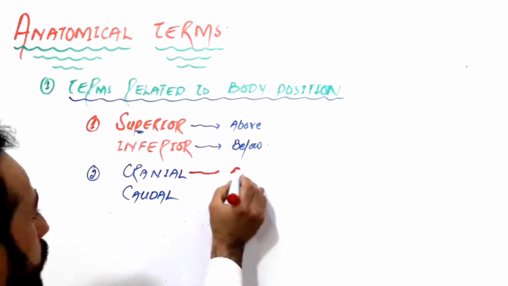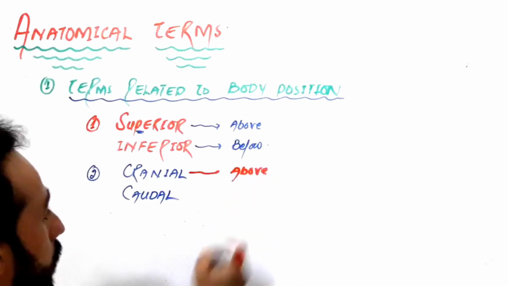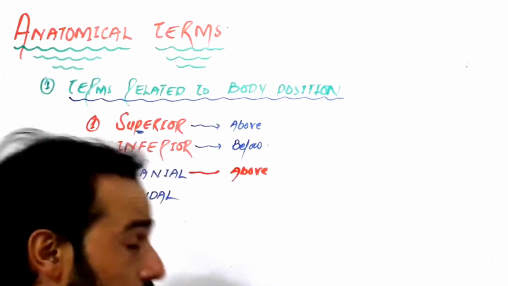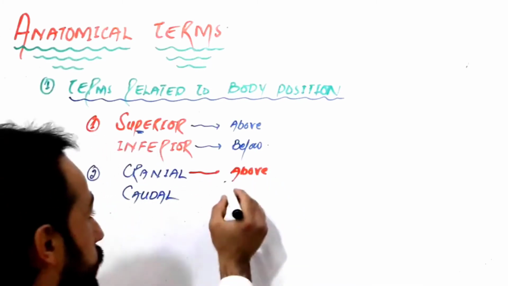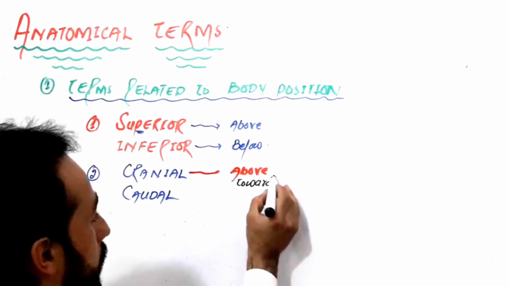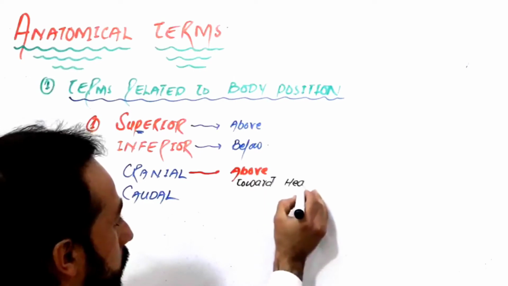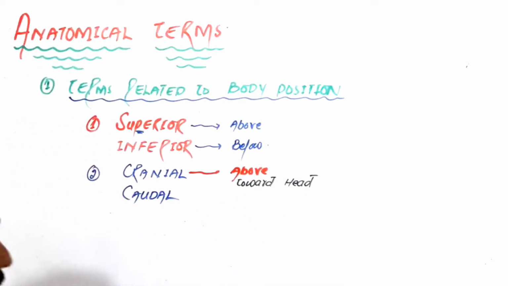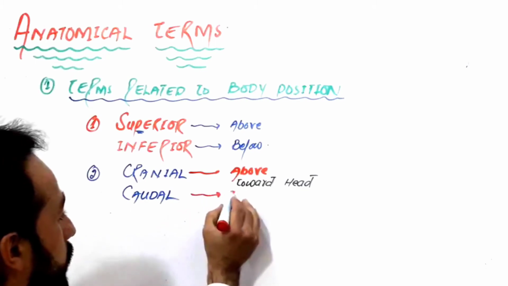Cranial means above. Or if you want to write it super clearly, you should write towards head. Right? And if you want to write caudal, caudal means below.